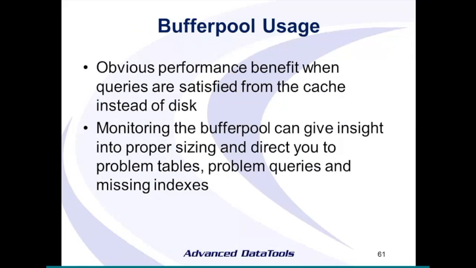By keeping a close eye on that buffer pool, it'll give you an idea of maybe some problem queries, some tables that are dominating the cache, for example. And by looking there, you may go, oh, that's that table. I don't use it very much, so why is it taking up 80% of the cache?